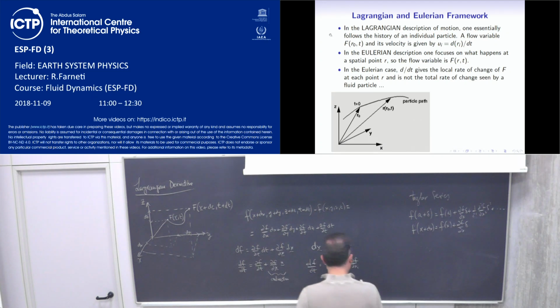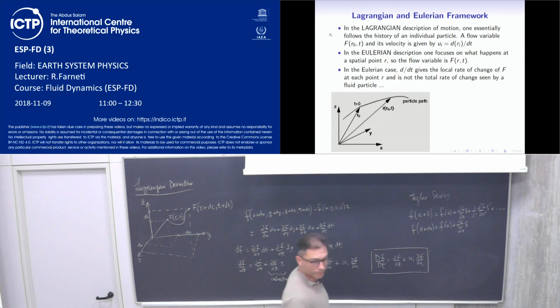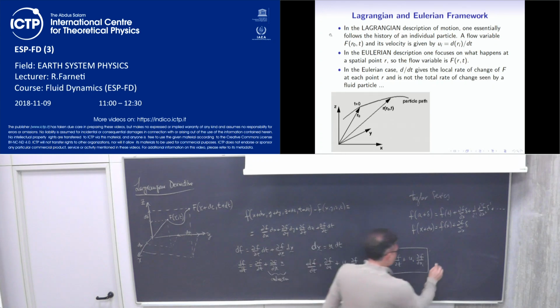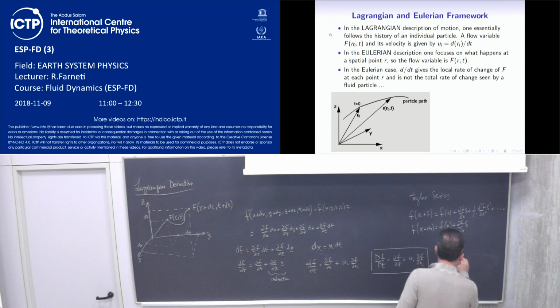And now we can define this d by dt as capital D. And this is called the Lagrangian derivative.